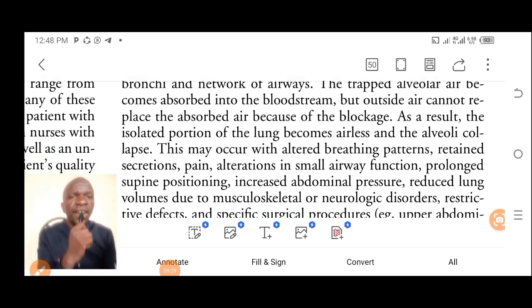Because the alveoli have been blocked and no air enters from the outside, the alveoli are going to be airless, and because they are airless, they are not going to survive. Therefore, there is going to be lung collapse.